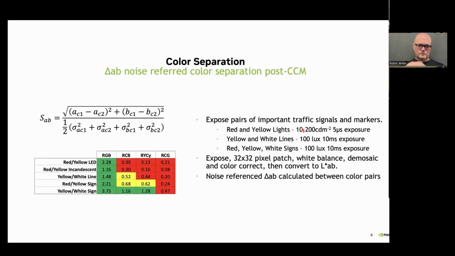This is all in the context of a computer vision system, and in a computer vision system, delta AB is meaningless. The computer vision system will pick whatever basis channels it needs in order to form the best discrimination.